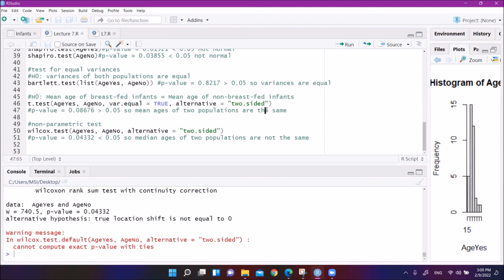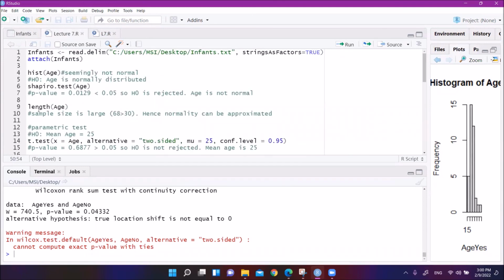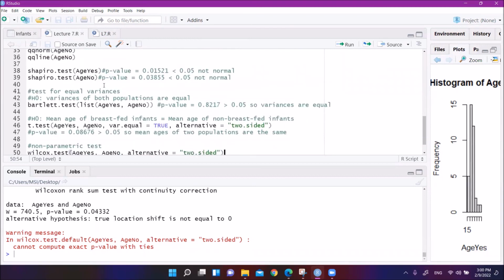Right, and this is the corresponding non-parametric test. You don't have to give this argument here. So I'll be posting this particular R script for you. Everything is there.